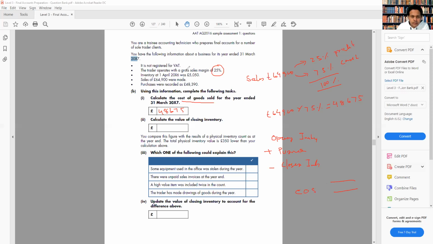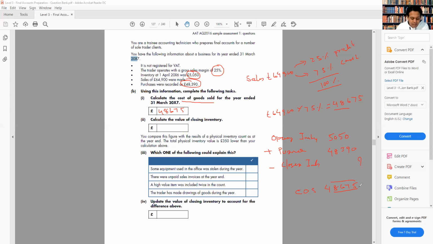So the opening inventory from the question is 5050, the purchases from the question 48,390. The closing inventory you don't know; the question is asking for that. The cost of sales you already know, 48,675. So the one that is missing is closing inventory.